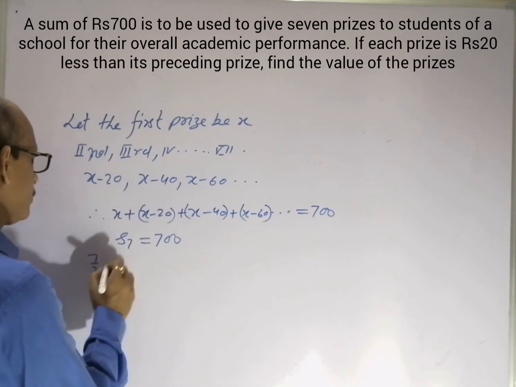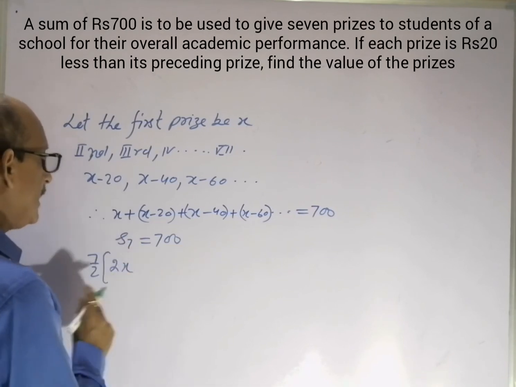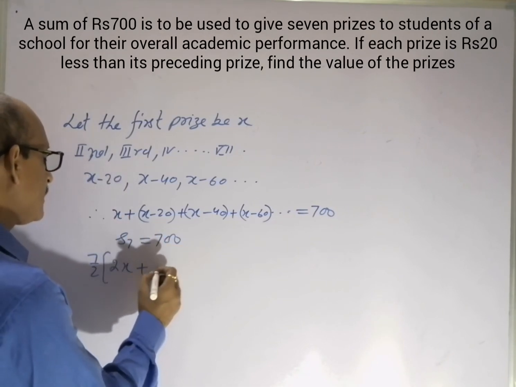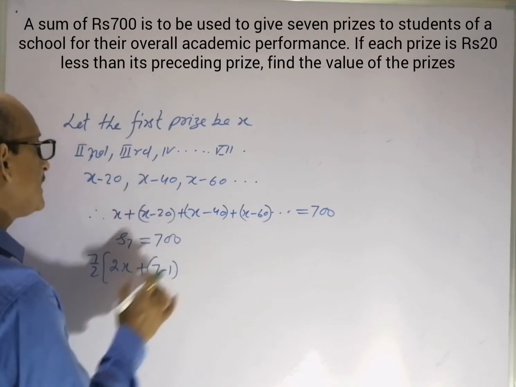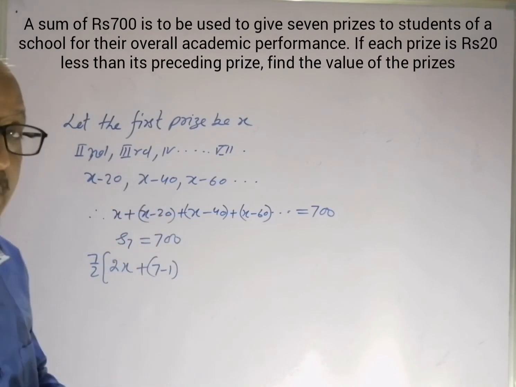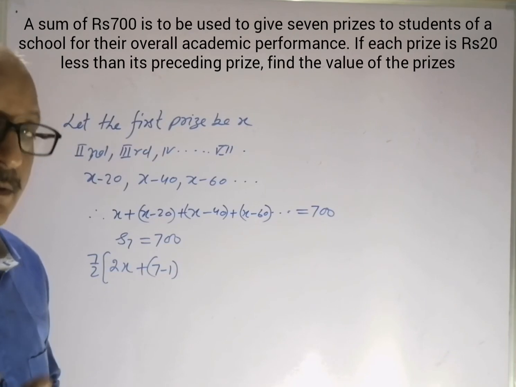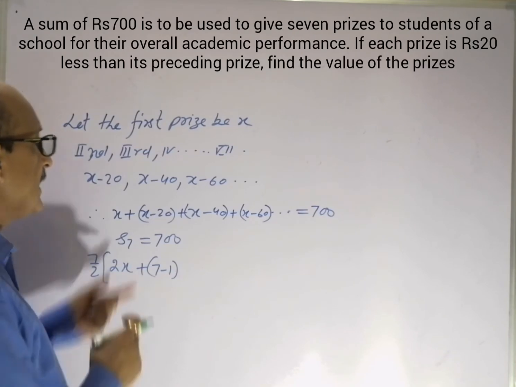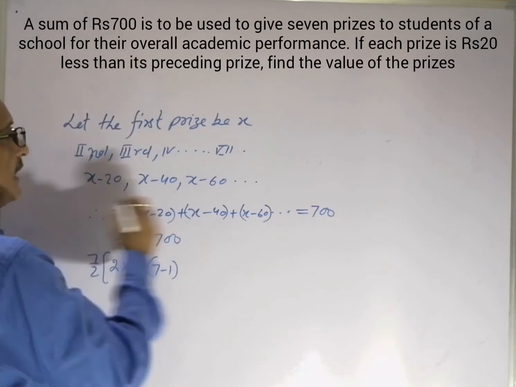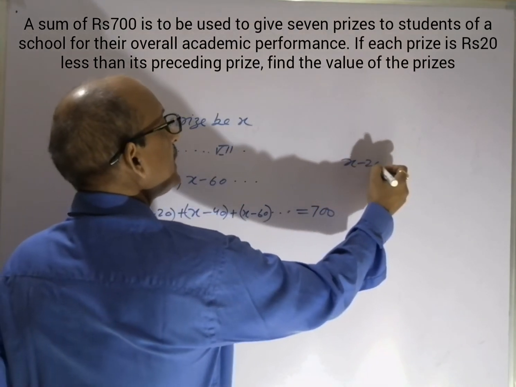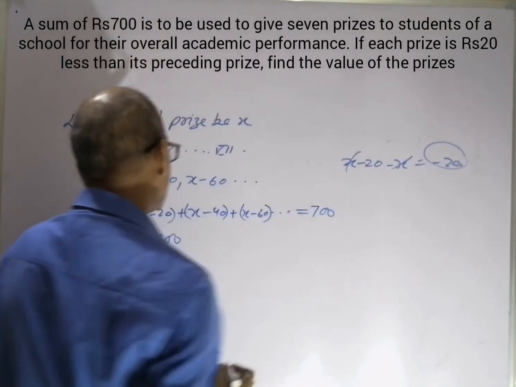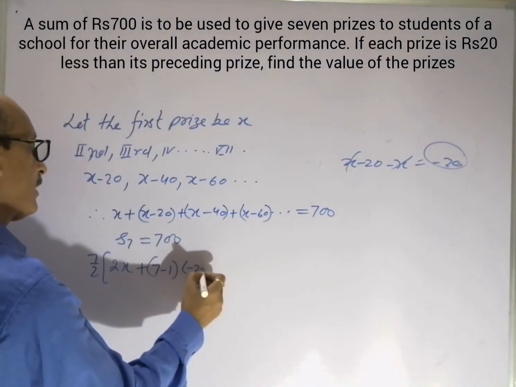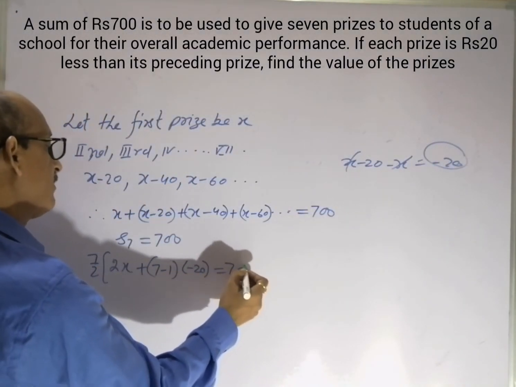So 7 upon 2 into 2a, a means x, plus 7 minus 1 into d. What is d? Minus 20, because every next term is getting decreased by 20. So x minus 20 minus x, x and x will be cancelled out. Minus 20 will be d. So d is minus 20.